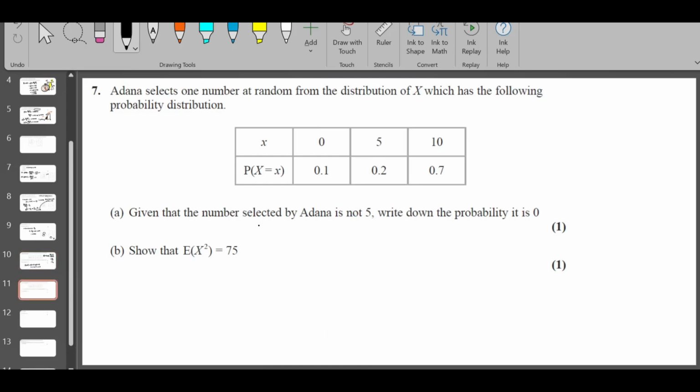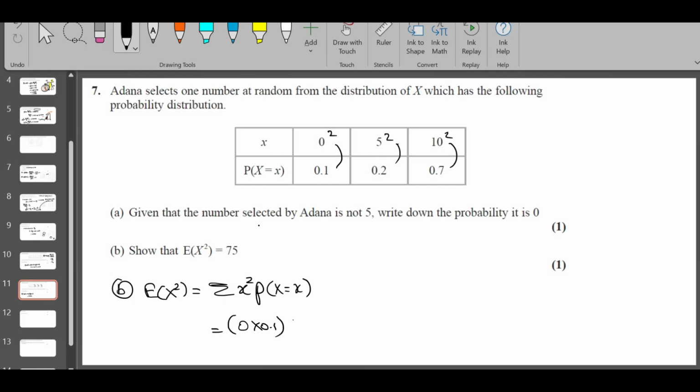Part B, show that E of X squared is this. The formula to find E of X squared is sigma X squared times P of X. So we need to square X and multiply by P of X and sum up. 0 squared is 0 times 0.1.